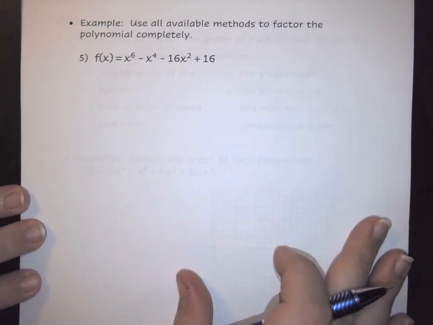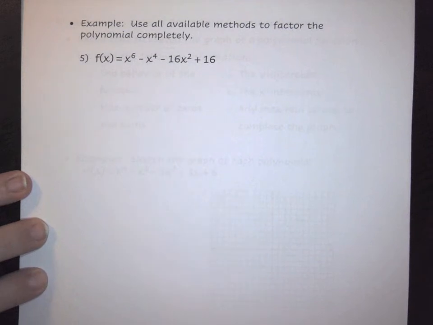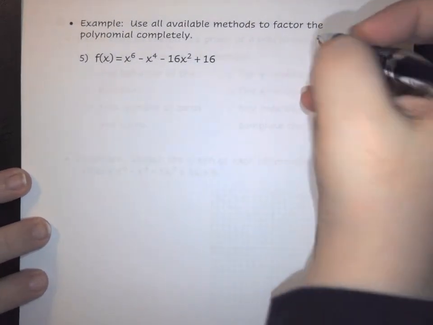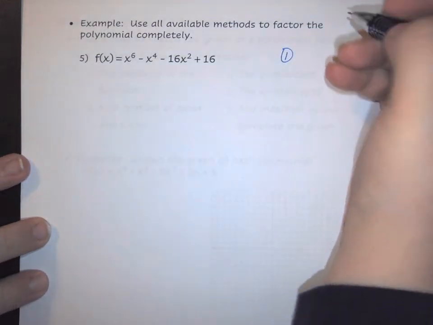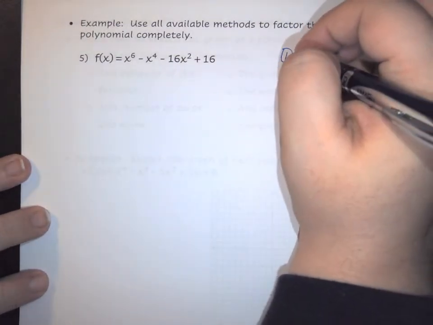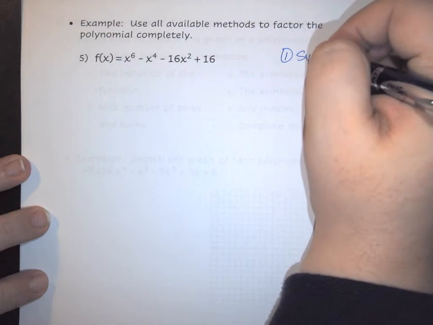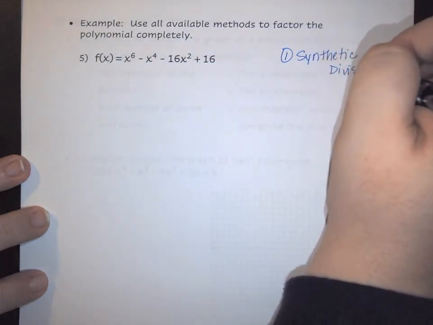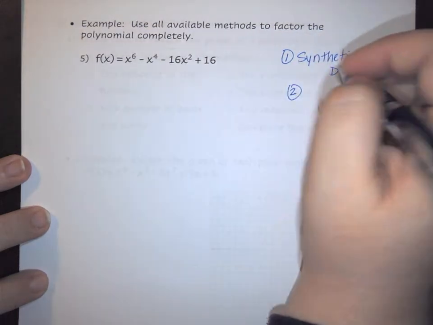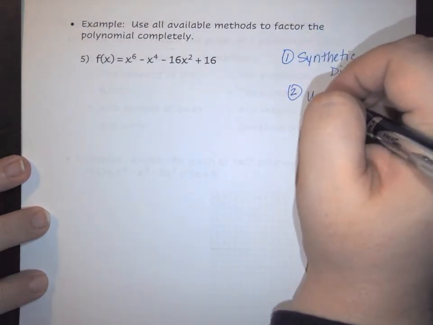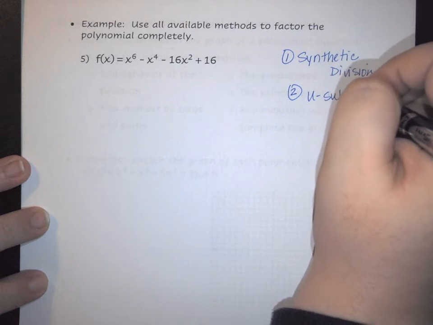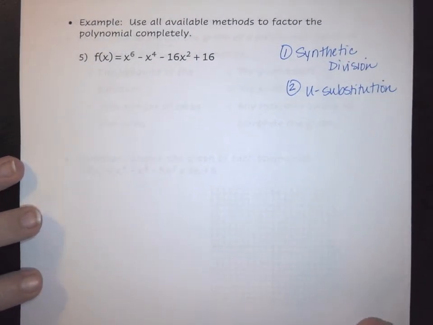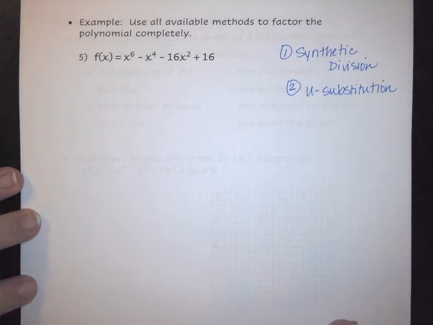Now in this problem, you're asked to use any and all methods that you possibly can think of in order to try and factor. So a few such methods that would come to mind would be synthetic division, or you can use what's called U substitution, which is the idea where we're going to identify another variable.